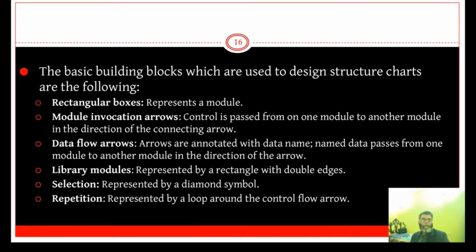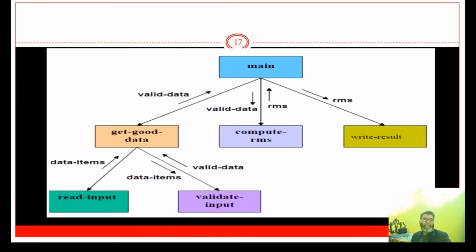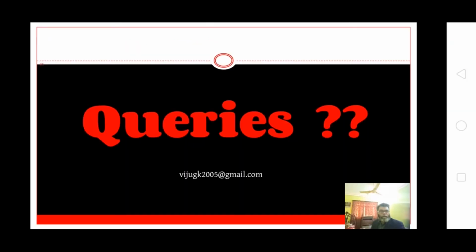A library module is represented by a rectangle with double edges. Selection is represented by a diamond symbol. Repetition is represented by a loop around the control flow arrow. So this is an example of a structure chart. This is the end of the session.